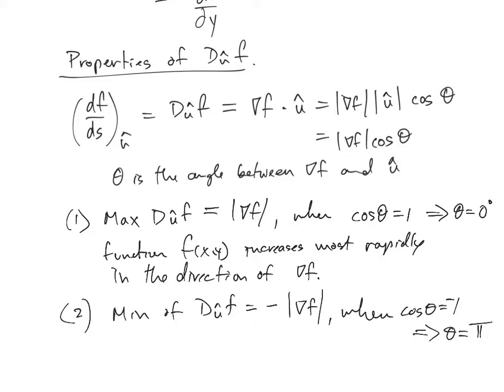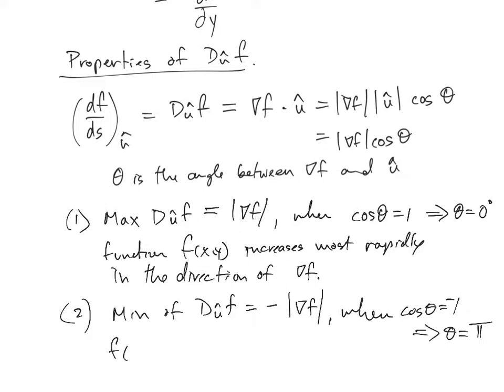Gradient vector points straight uphill. If I'm taking the directional derivative in the opposite direction, that's going to give me the direction in which the terrain falls away most rapidly, right? So that's the minimum directional derivative, in the direction opposite to my gradient vector.